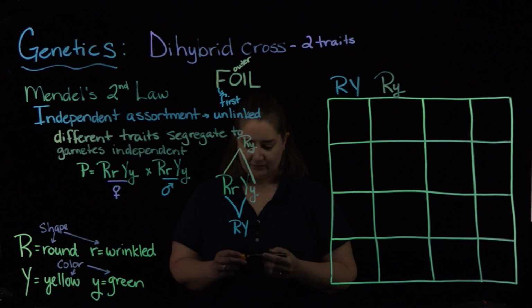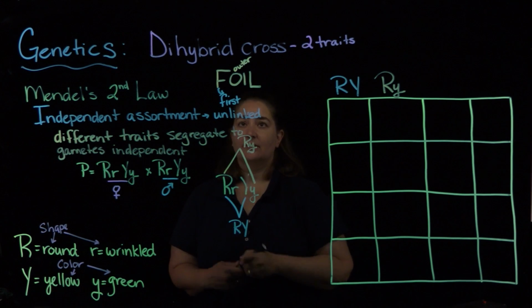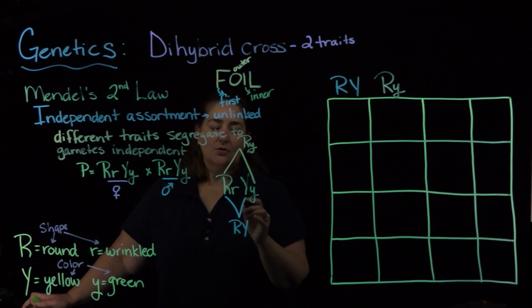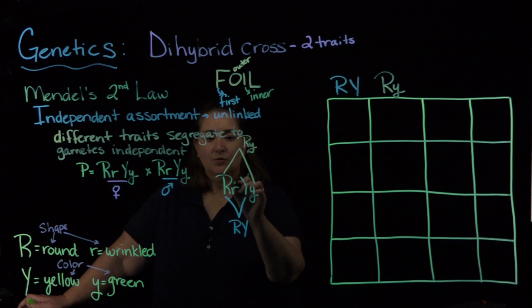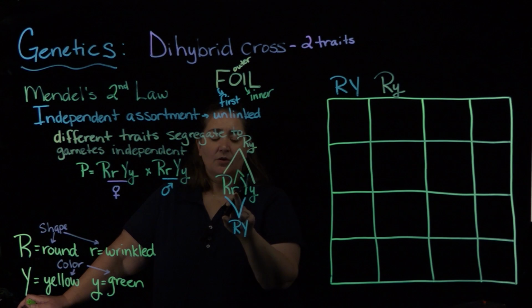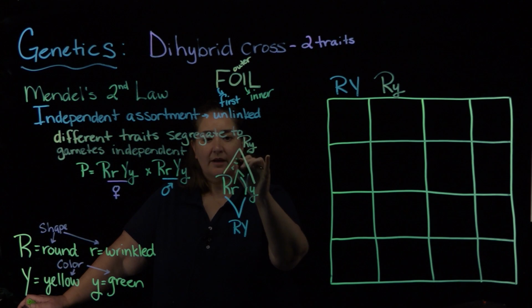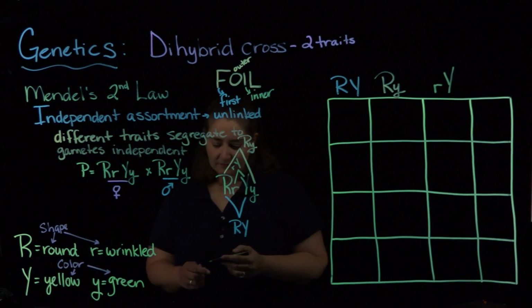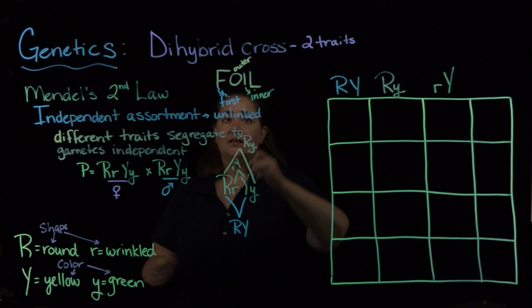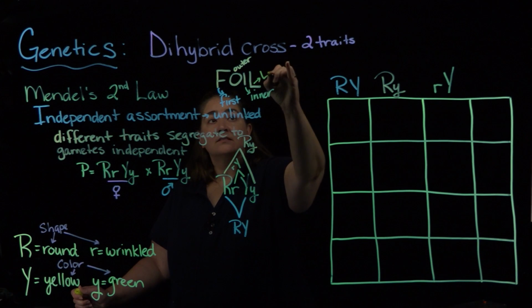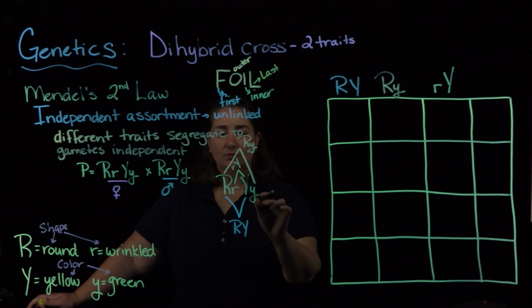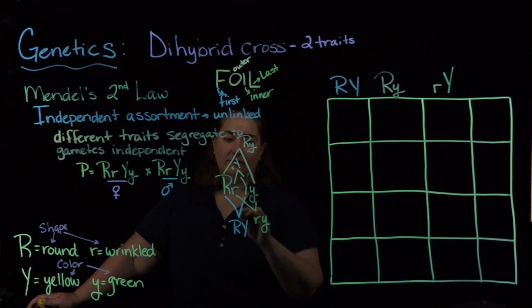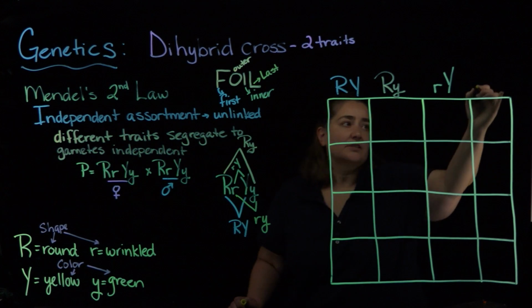The I is now going to be inner, so we're going to take the inside two: lowercase r, capital Y. That's our next set of gametes. And then finally, the last, we're going to take the last two: lowercase r, lowercase y.